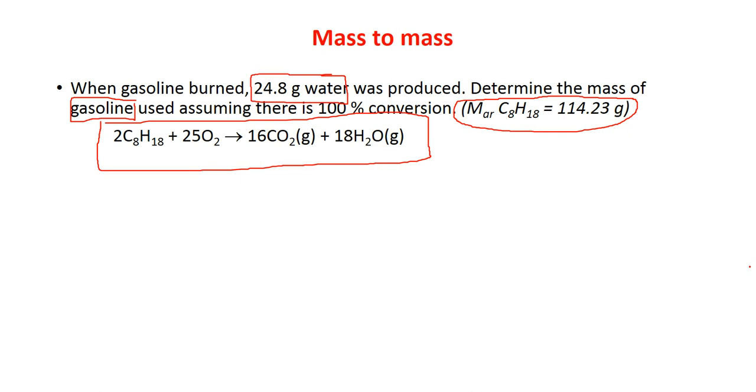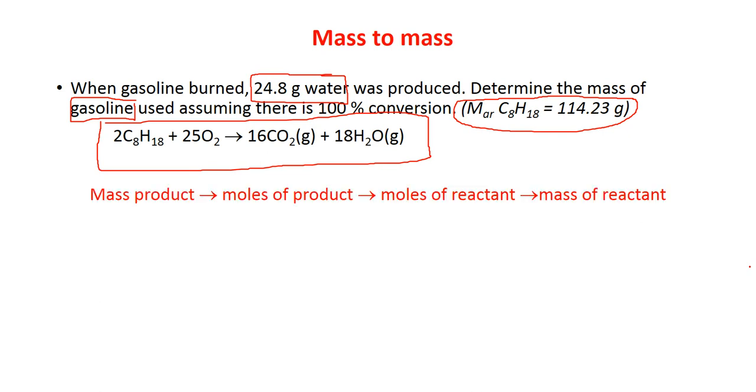So let's see, how are we moving with that? First, we get the mass of product. From the mass of product, we calculate the moles of product. From the moles of product, we calculate the moles of reactant. After getting the moles of reactant, we determine the mass of reactant.